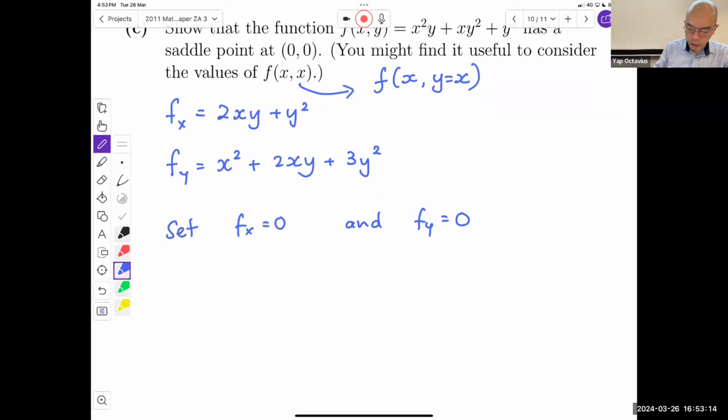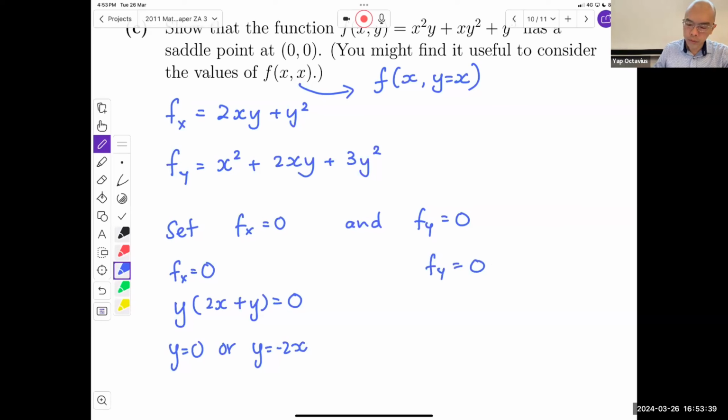Now, this one equals 0. We get y times (2x plus y) equals 0. So y equals 0 or y equals negative 2x. Now this one equals 0.